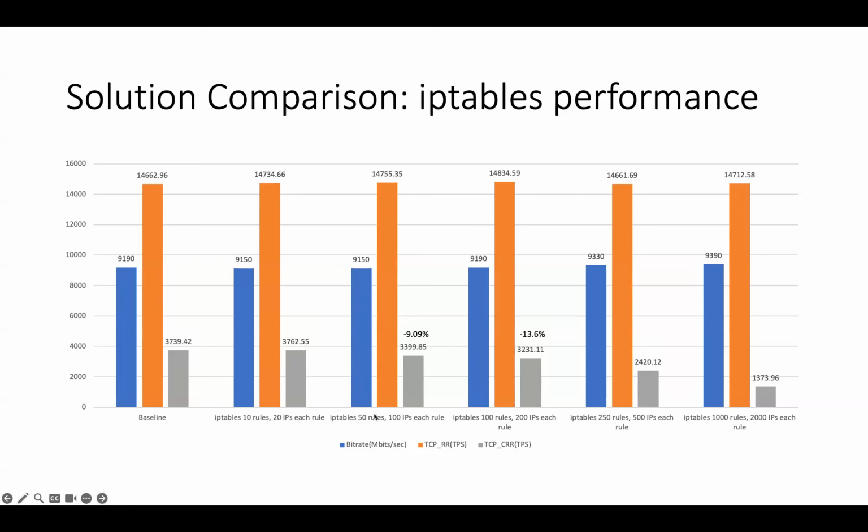But when there are 50 rules and each rule refers to 100 IPs, the performance decreases about 9%. And when it comes to 100 rules, it decreases about 13%.